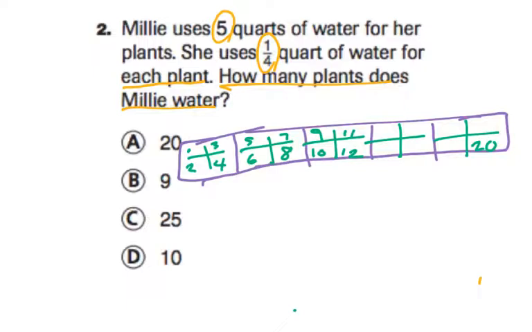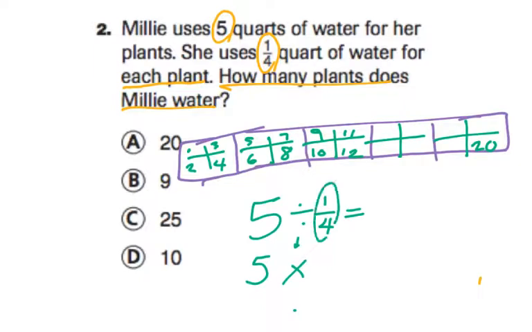Another way I can do this is definitely a division problem. That's why I broke my model up as I did. I'm doing 5 divided by 1/4. I can rewrite this: I keep my 5, I change my division sign into multiplication, and I flip around my 1/4, putting my 4 on top and my 1 on the bottom.